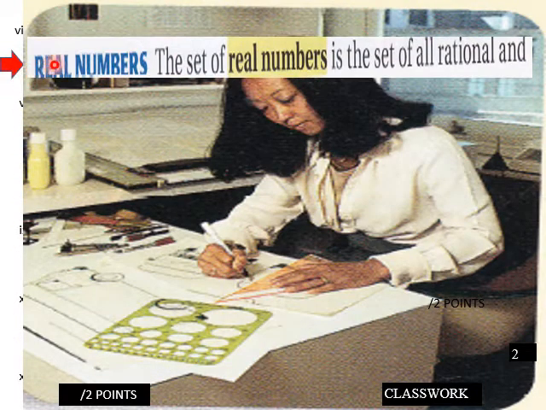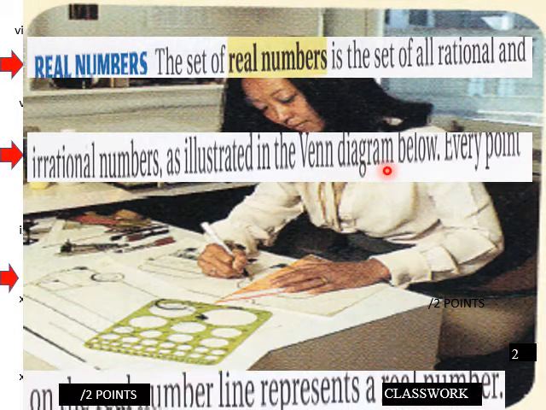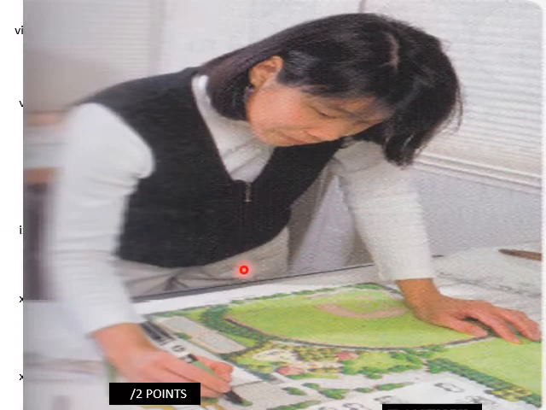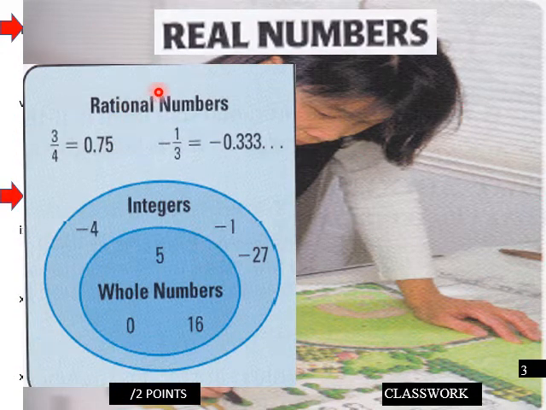The set of real numbers is the set of all rational and irrational numbers, as illustrated in the Venn diagram below. Every point on the real number line represents a real number. So we're going to get into our Venn diagram here. Rational numbers would be 3/4, 0.75.